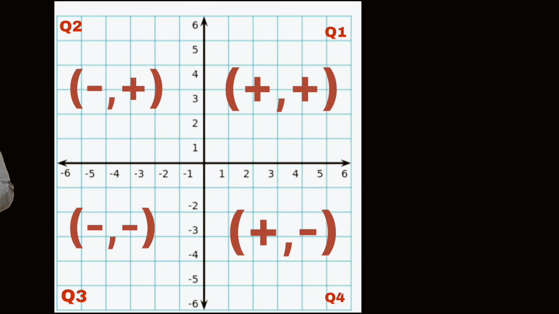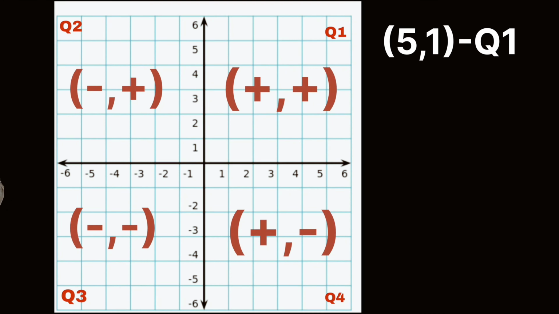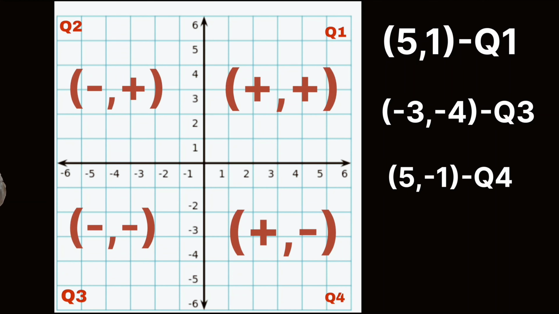Now we can see some examples. (5, 1), both are positive. So this point will be situated in quadrant 1. (-3, -4), both are negative. Then both negative values will be represented in quadrant 3. (5, -1). So one positive, one negative.